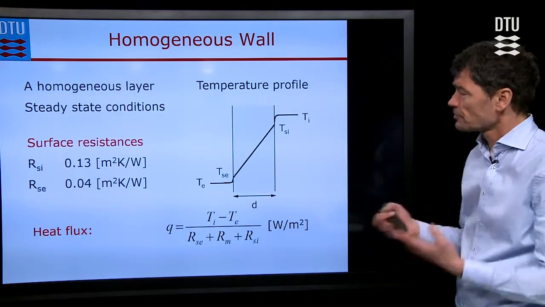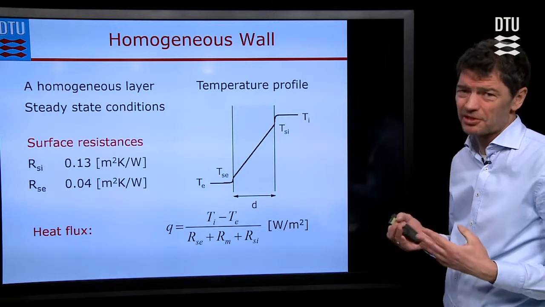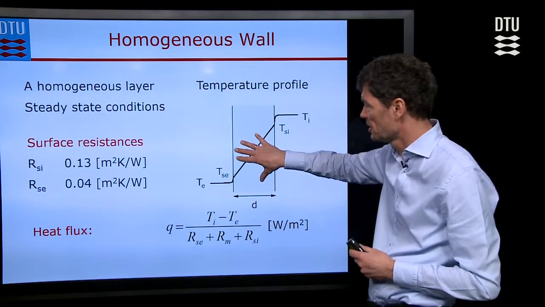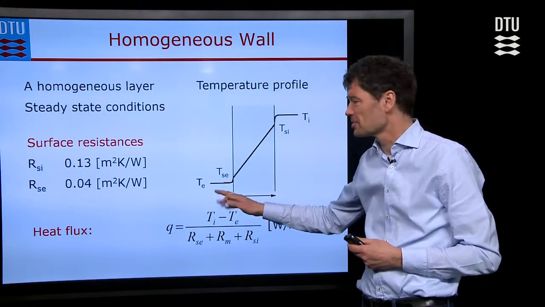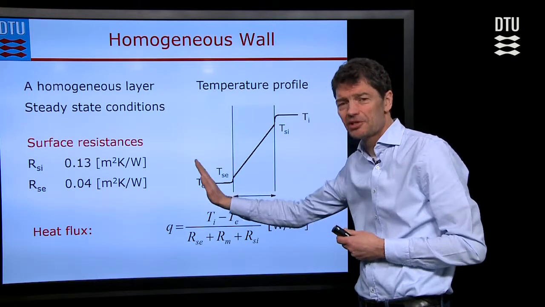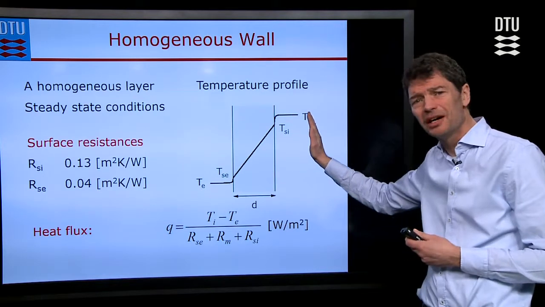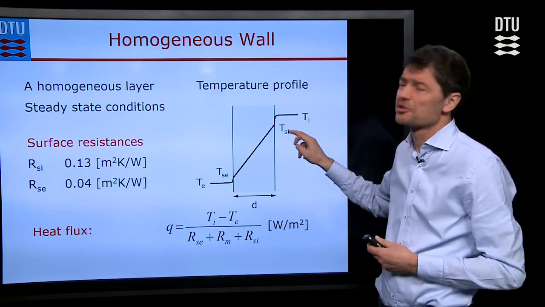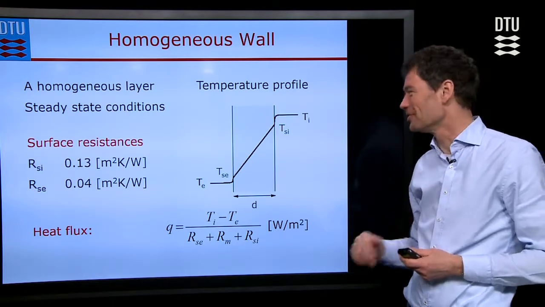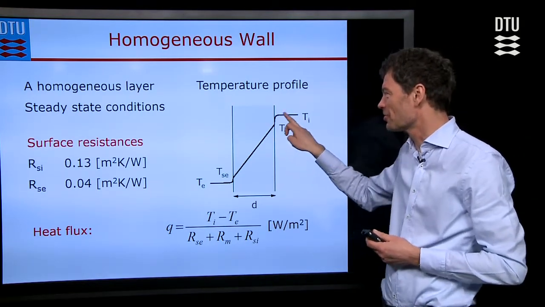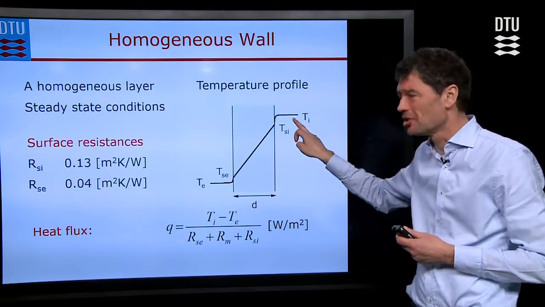So now, in order to calculate also for real constructions, we should consider not only the material, but also the conditions taking place at the surfaces. Here, supposing the exterior surface on the left and interior surface on the right, that's actually convection and radiation, as we explained in the introductory lecture, the heat transfer mechanism at those surfaces.